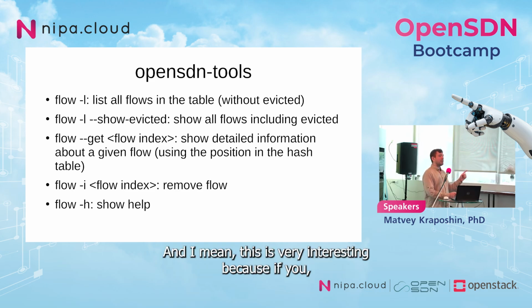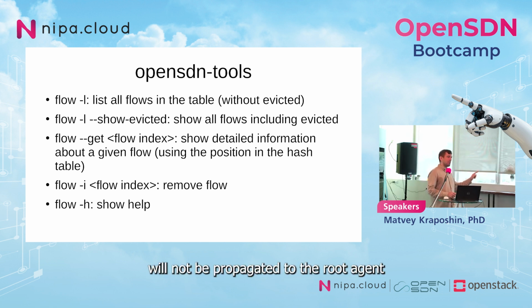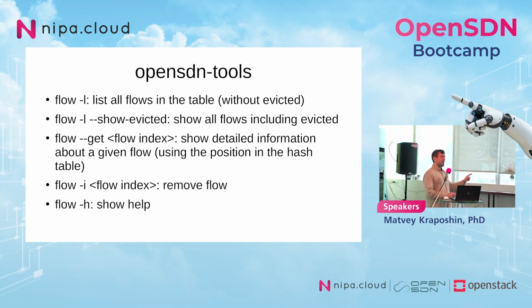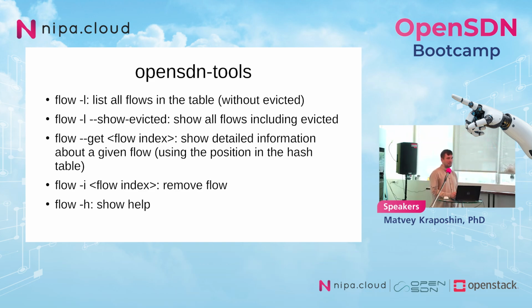And this is very interesting because if you evict a flow from the vRouter forwarder, this information will not be propagated to the vRouter agent until the vRouter agent deletes it using the aging mechanism. So this tool flow doesn't affect vRouter agent tables. You must know about this.